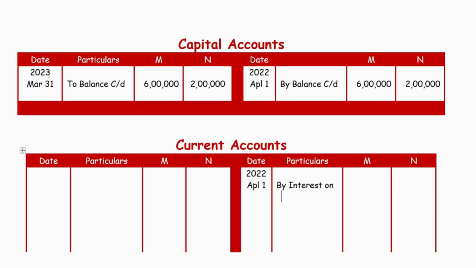It is given in the question as the amounts 36,000 and 12,000.